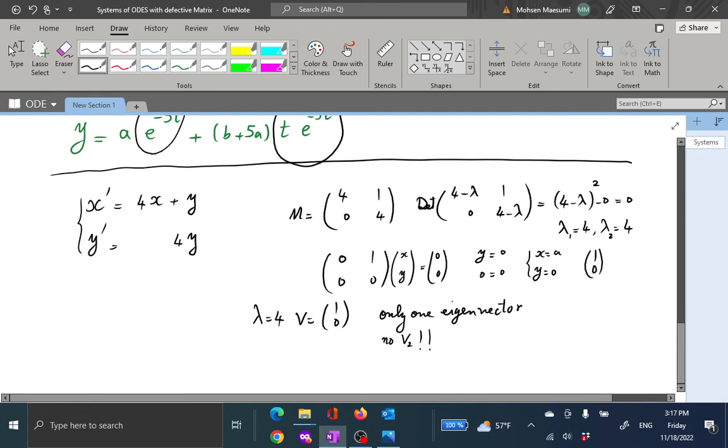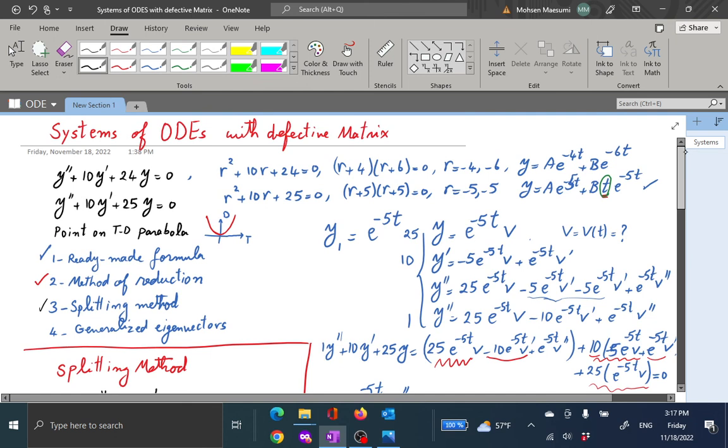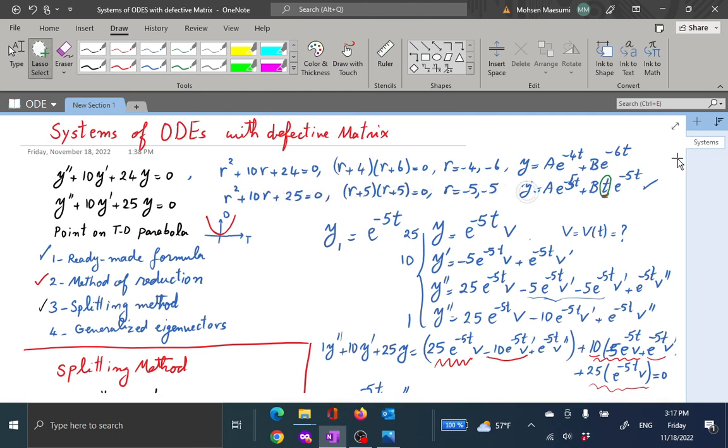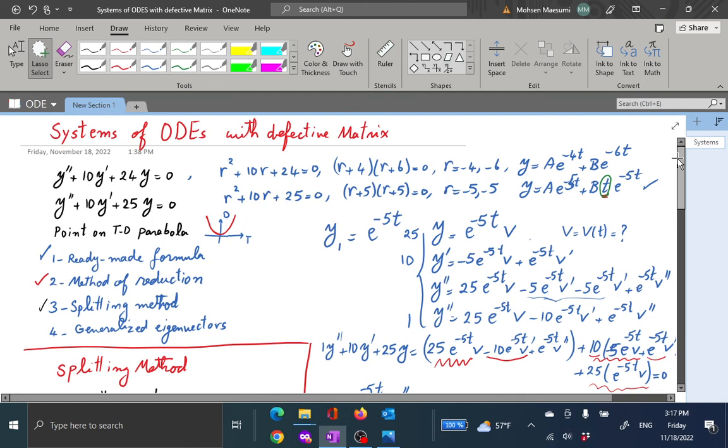So as a matter of practicality, I would say take this kind of equation, and when you're pressed for time, the safest, the fastest way is to reduce it to a single equation, second order, and apply the method that we learned there. So safest, fastest way, least confusing to get to the answer is to take it, convert it to a single ODE of second order, and apply that ready-made formula we already had.